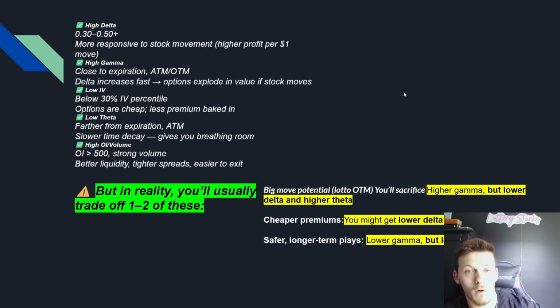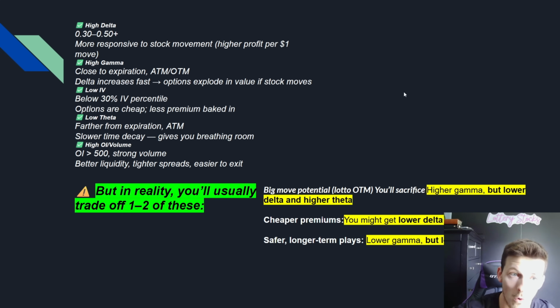If you're looking for big move potential or a lotto play out of the money, you're likely going to sacrifice higher gamma, but lower delta and higher theta. Okay, this is why you don't look at all of these, but no matter what, you look at open interest, implied volatility, and getting far enough expiration.